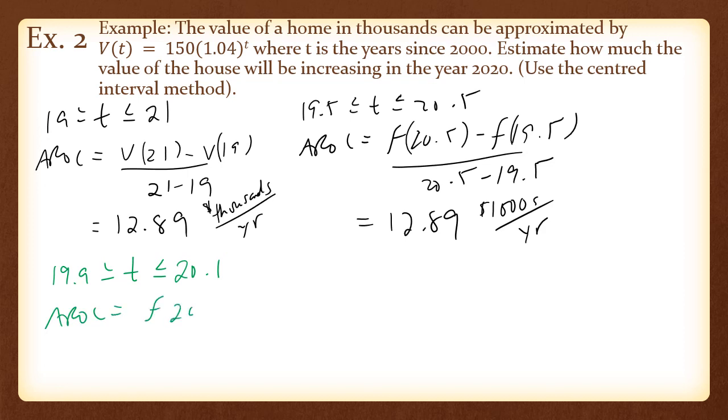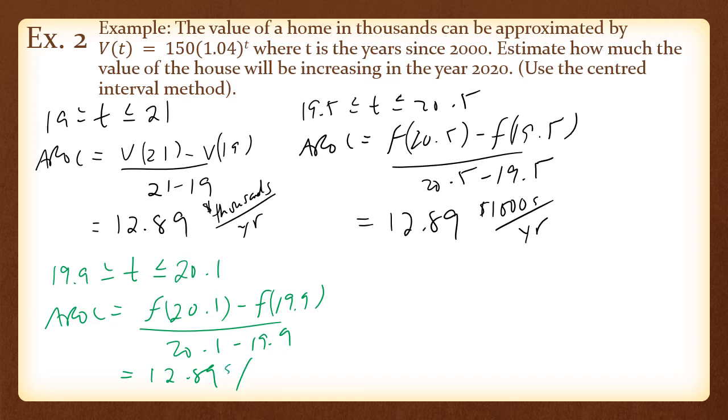IROC equals f of 20.1 minus f of 19.9 all over that. Rounded to 2 decimal places, we get 12.89 again. And that again would be thousands of dollars per year.